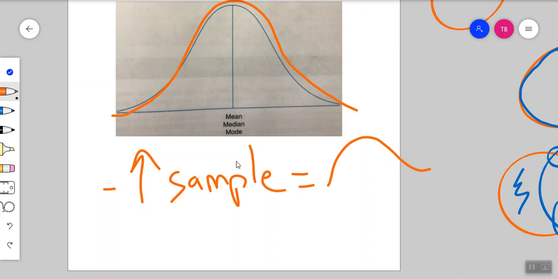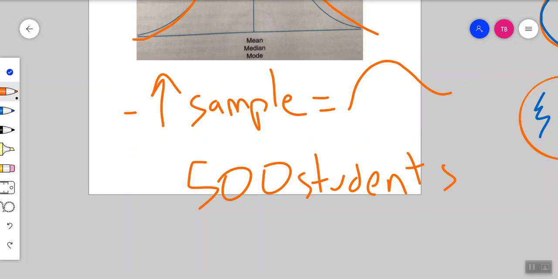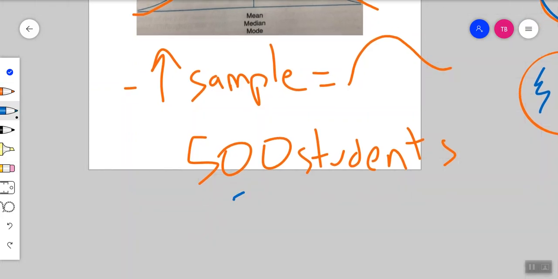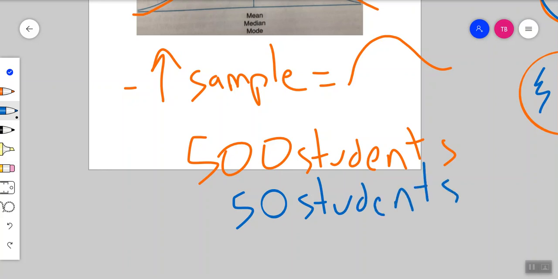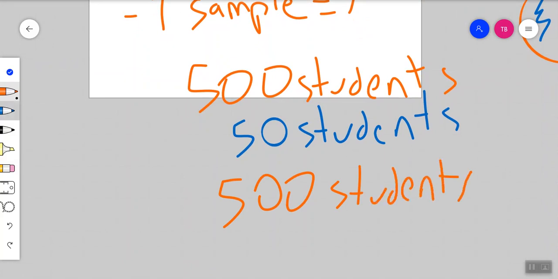So let's give an example. Let's say I have a population of 500 students, and I have a sample size of 50 students. There's a pretty big difference between these two. With 50 students, I have a pretty good idea what the 500 students are going to look like, but it's not perfect. Let's compare that to this: what if, out of a population of 500 students, we had a sample size of 499 students?